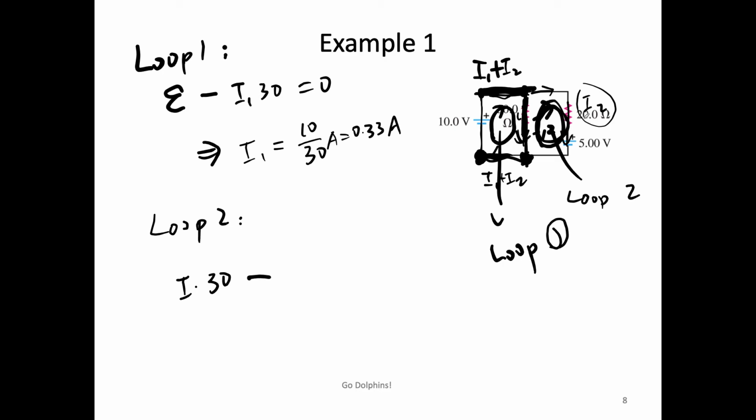Then the loop goes to this 20 ohm resistor, in the same direction as I2, the same direction as its current, so it is a negative potential change: I2 times 20 ohms. Then the battery, following the loop from the positive of the battery to the negative of the battery.